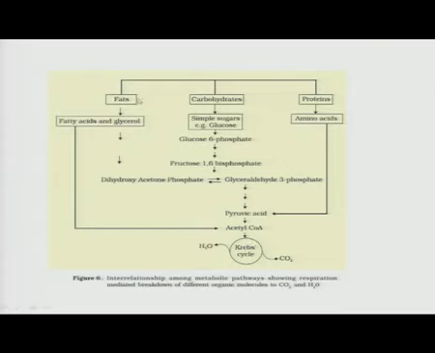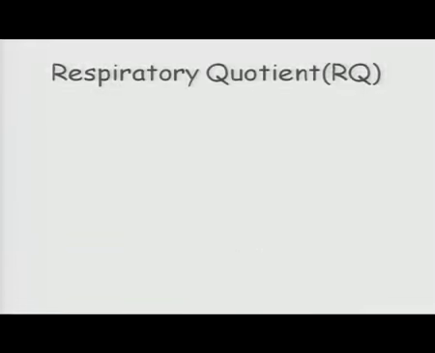So, for all three main substrates for respiration, there is a common pathway that is called the Krebs cycle. This slide shows the interrelationship among the metabolic pathways, showing the respiration-mediated breakdown of different organic molecules to carbon dioxide and water. So, the Krebs cycle is the common pathway for all the substrates like carbohydrates, proteins and fats.